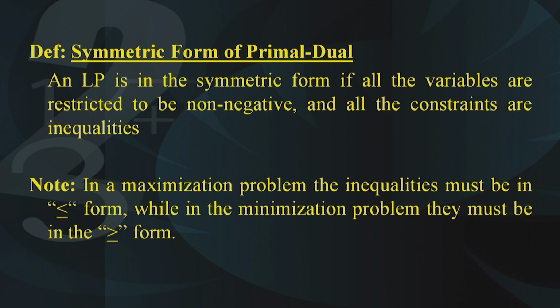And similarly, if the problem is of a minimization type, then the inequalities should be greater than or equal to type. So, no matter which you call primal and which you call dual, maximization should go with less than or equal to constraints and minimization should go with greater than or equal to constraints.